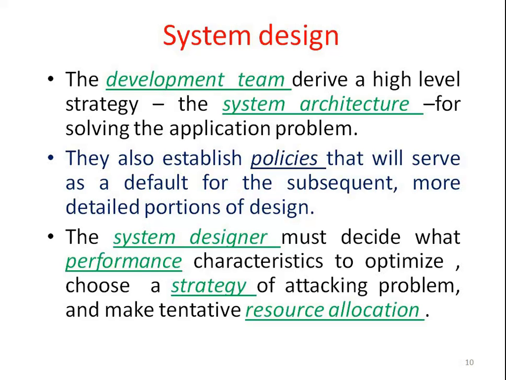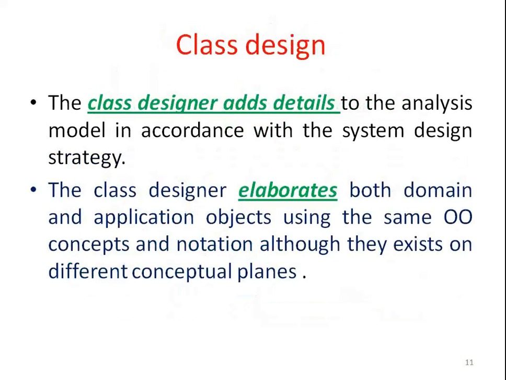They also establish the policies that will serve as defaults for the subsequent more detailed portions of the design. The system designer must decide what performance characteristics to optimize, choose a strategy for attacking the problem, and make tentative resource allocations.